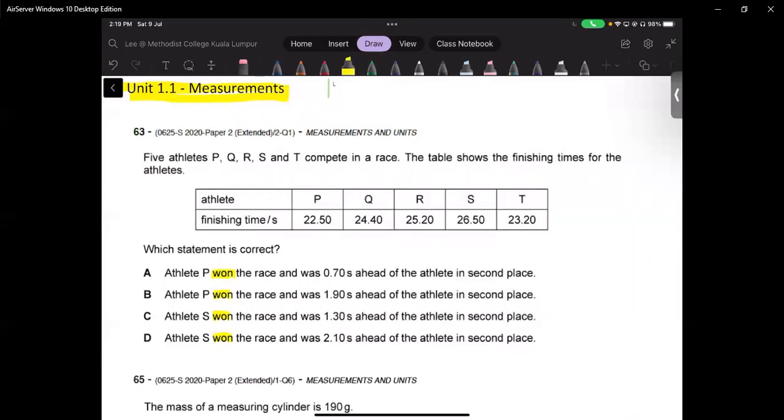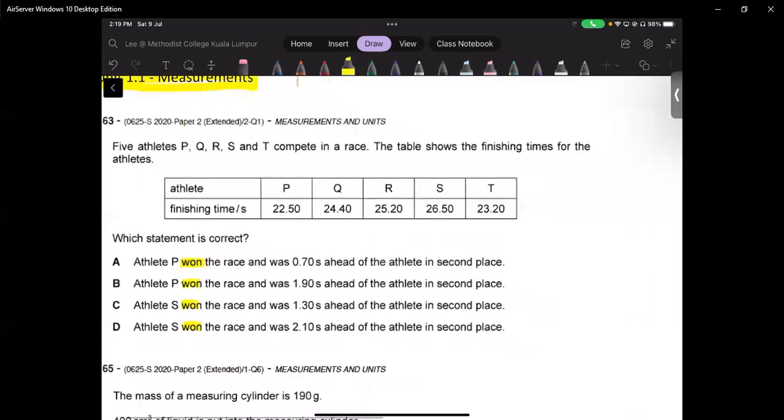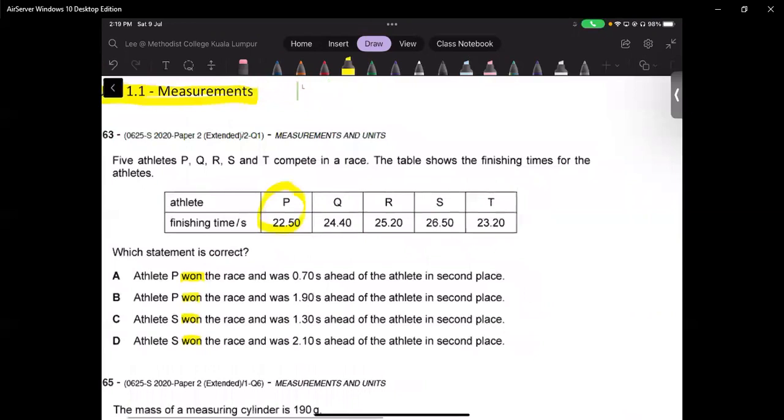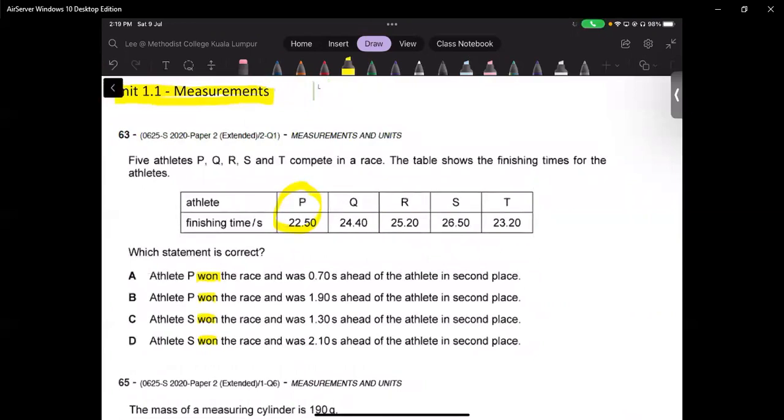Shortest time is P. And the next shortest time looks like T. So 22.20 minus 22.50 is 0.7. Teacher, I think the answer is A. Yes, the answer is A.